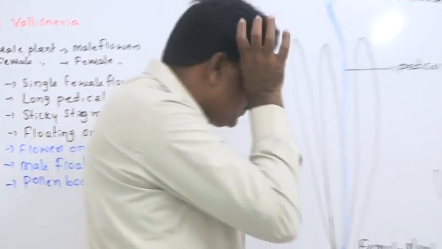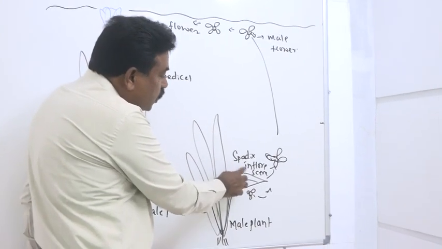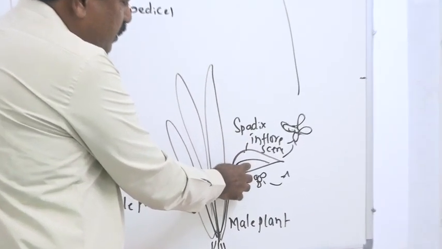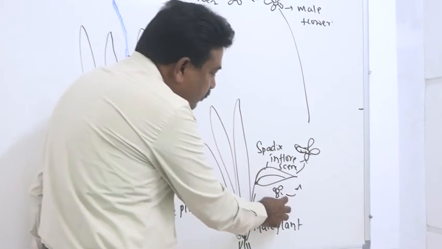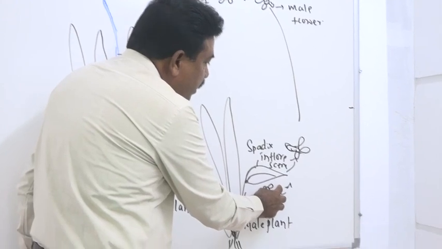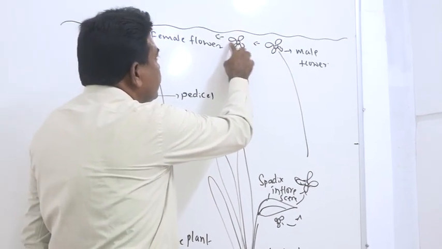See this diagram. The male plant bears flowers on spadix inflorescence. After maturity, when male flowers are released from the parental plant, they float on the surface of the water.